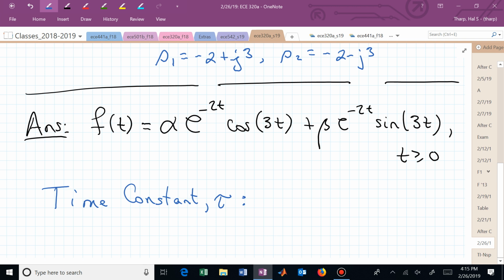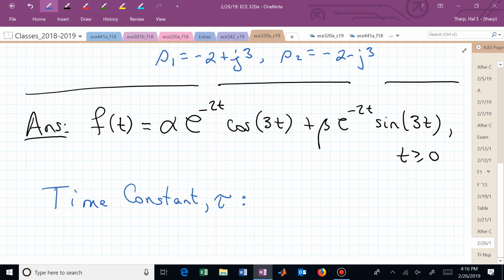If you looked at this curve and found the period between peak and peak, 2 pi over that period would equal 3. How is it exponentially decaying? Determined by e to the minus 2t. That's how quickly it collapses. And as it's collapsing, it's shaking at 3t, cosine of 3t, sine of 3t.